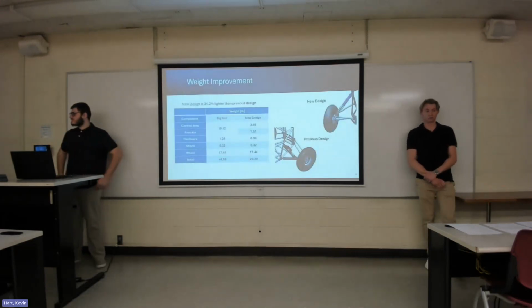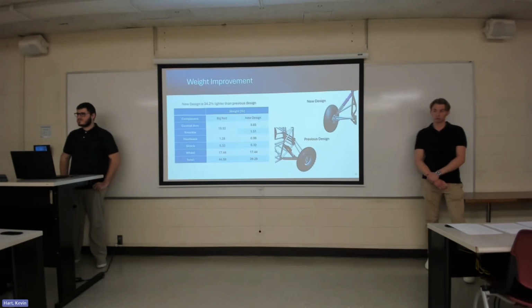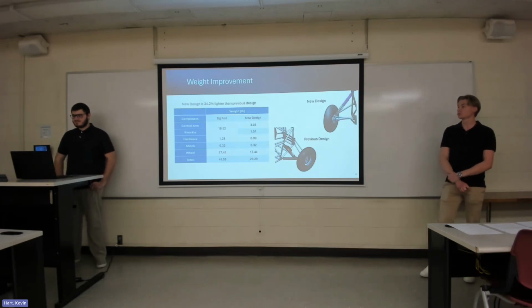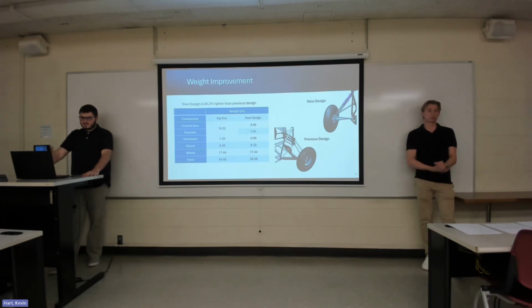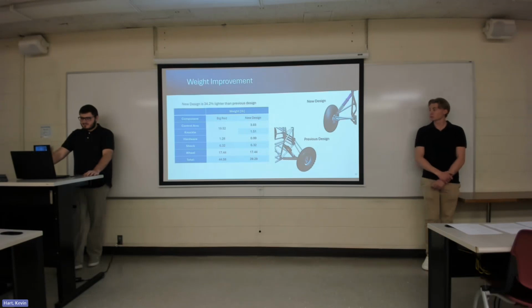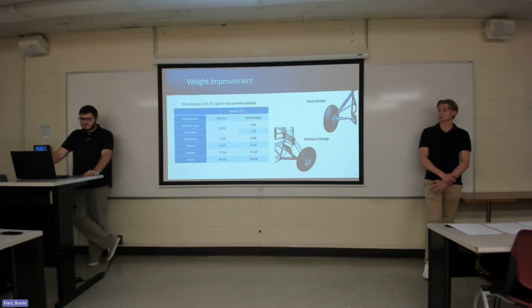So, looking at the weight improvement we got from this new suspension system, we saved a lot of weight in the control arm and the knuckle. The previous design weighed almost 19.52 pounds just for that control arm and knuckle, compared to our new design that only weighs 4.53 pounds.